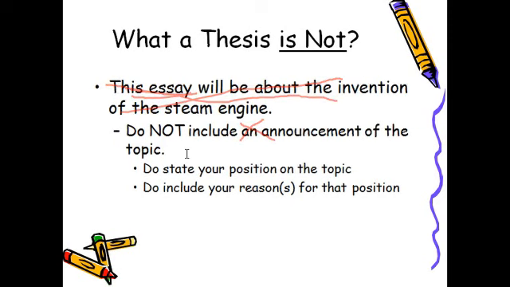Next, another common mistake that I've seen often is you want to make sure that your thesis is not merely an announcement. "This essay will be about the invention of a steam engine." This is simply an announcement about the topic of the paper. It's missing a position and it's missing reasons why. Make sure your thesis is not simply an announcement.